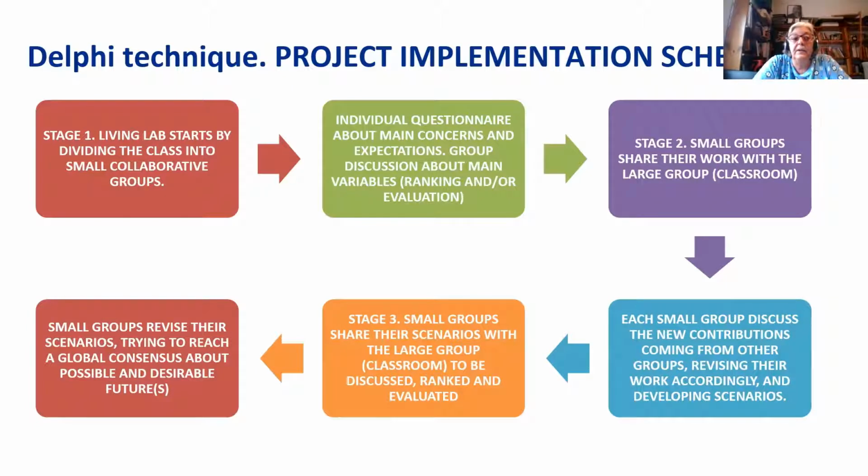We started creating a living lab, dividing the whole classroom into small groups. Then we started with an individual questionnaire, all open-ended questions, and then with the responses to the questionnaire, the small groups started to discuss and compare the results of their own questionnaires.